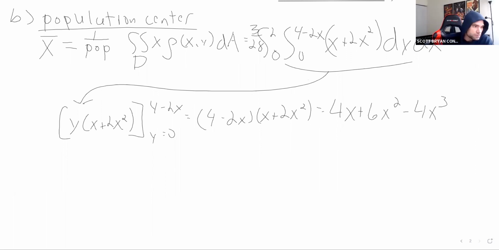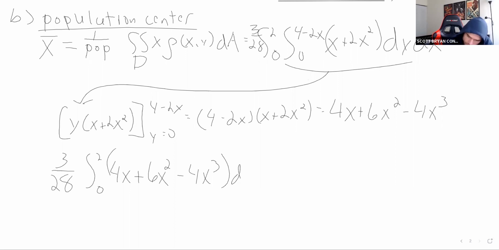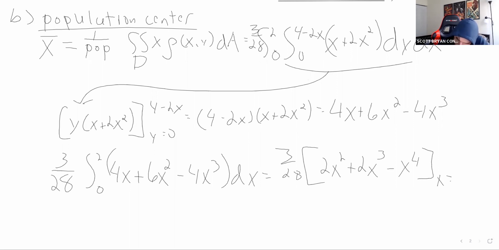And so then we plug that into our outer integral. And don't forget the 1 over the population, 3 over 28. Integral from 0 to 2 of 4x plus 6x squared minus 4x cubed. So 4x, we get 2x squared. 6x squared, we get 2x cubed. And minus 4x cubed, we get minus x to the 4 from 0 to 2.